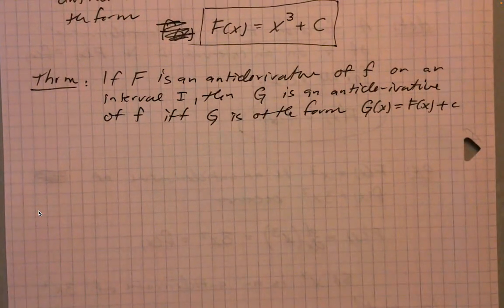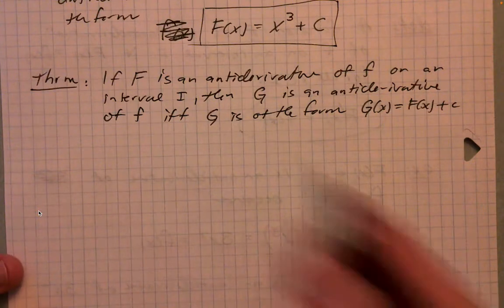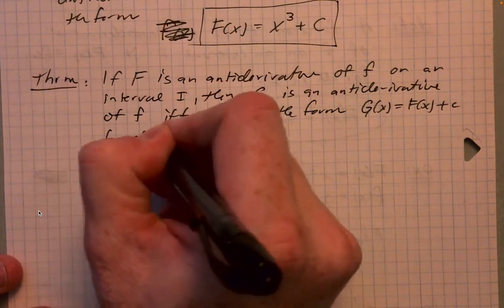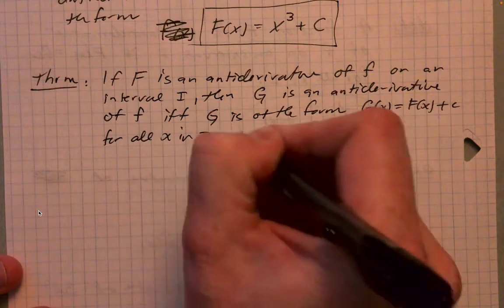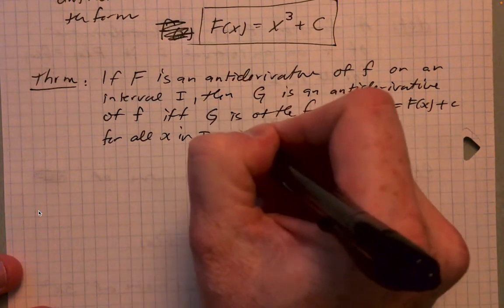Okay, so this is kind of what we just said, right? And I should say for all x in I, and where c is a constant.